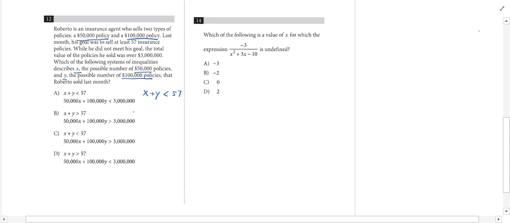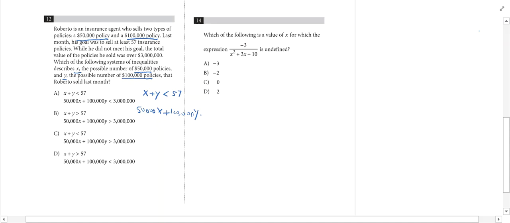And about the sales, the money, right? So you have 50,000 times X. That's how much money of sales for the 50,000 insurance policy. And then we add 100,000 times Y, that's the 100,000 policies sold, Y of them.